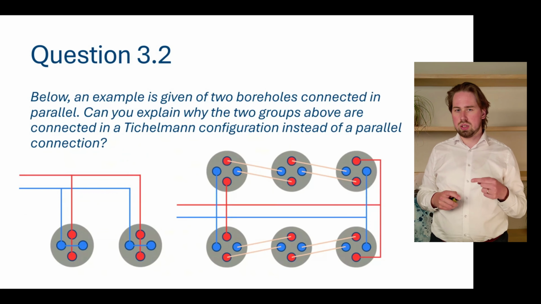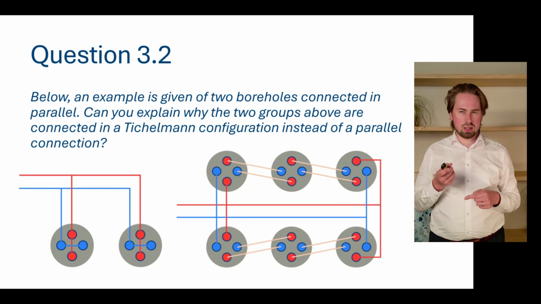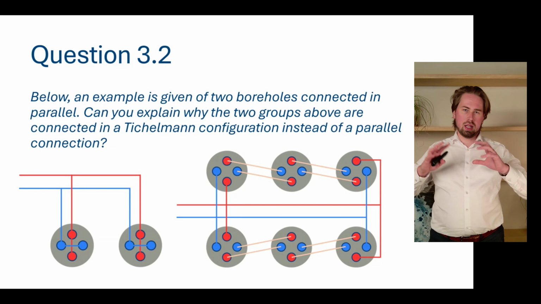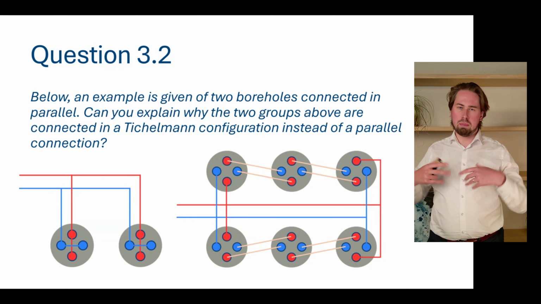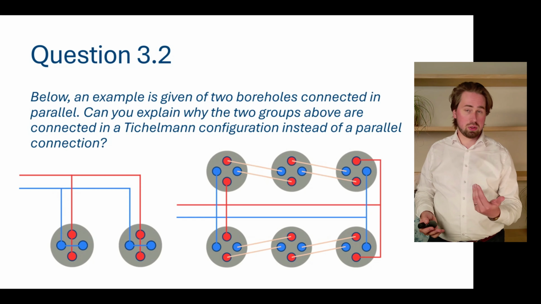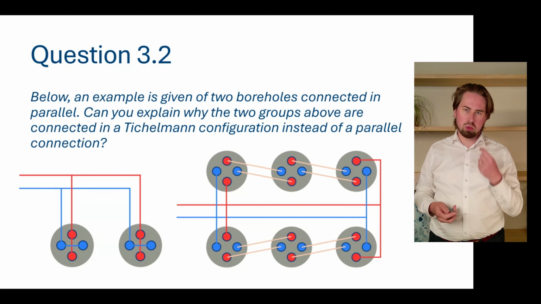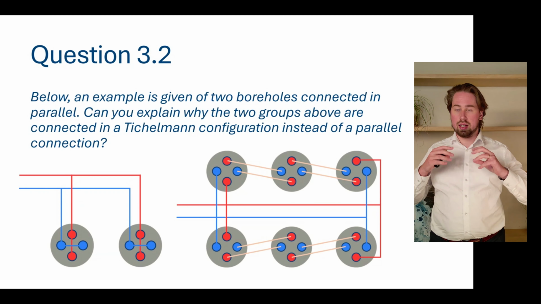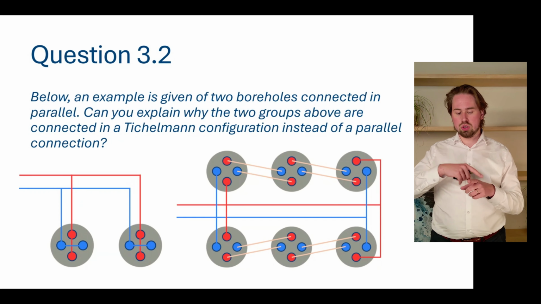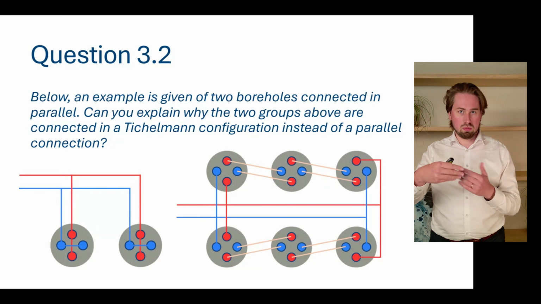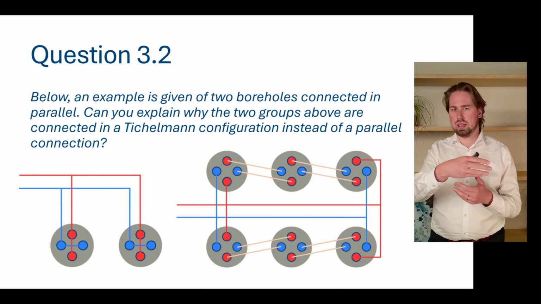Now, the next question was exactly about this situation. Because we talked about the difference between plain parallel connections, as you see here on the left, and Tickelmann connections. And the difference was that in a Tickelmann connection, we make sure that the hydraulic path had the same pressure drop no matter which borehole was selected by the fluid.